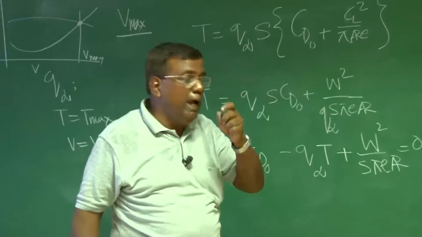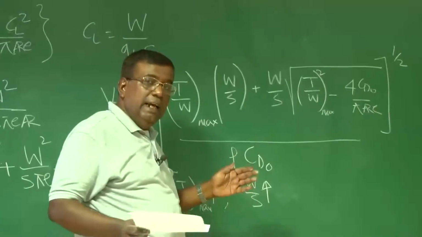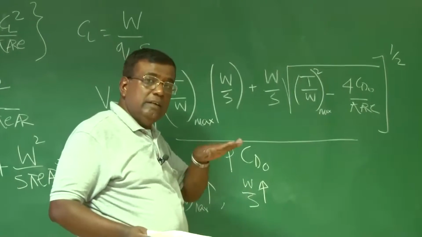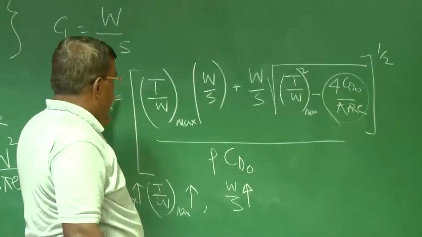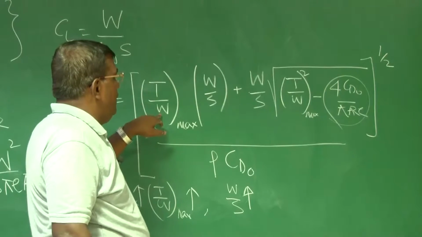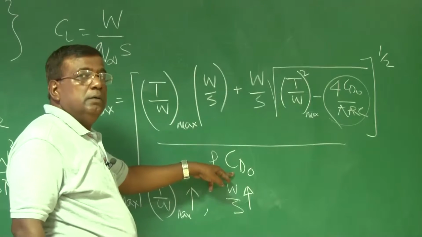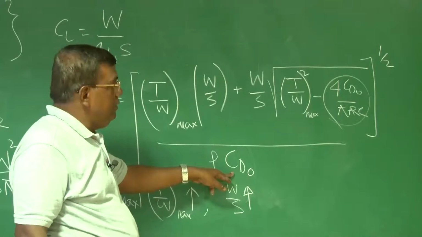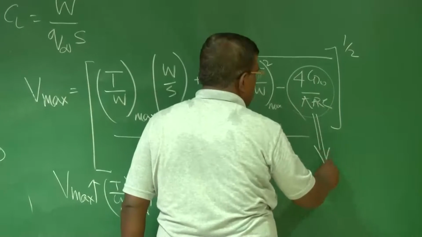But if you want a Vmax, then you want W by S to be higher, so that area is less, drag is less, it accelerates. So you could see that Vmax increases. If you want to increase Vmax, you need to increase T by W maximum, W by S, and also reduce the parasite drag coefficient.